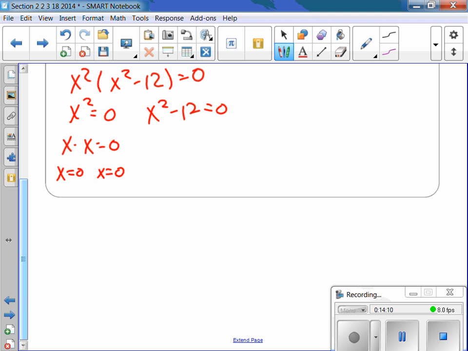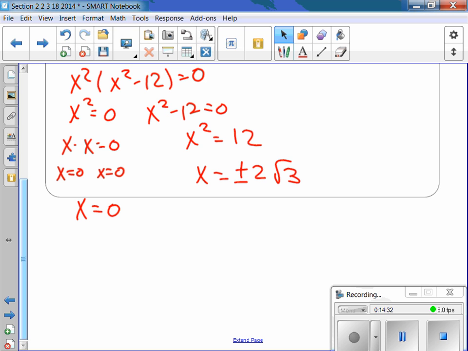It's just x equals 0, right? What about the right side? Take the square root of both sides. When we take that square root, don't forget the plus or minus. So we wind up with 3 zeros: 0, positive 2 square root of 3, and negative 2 square root of 3.